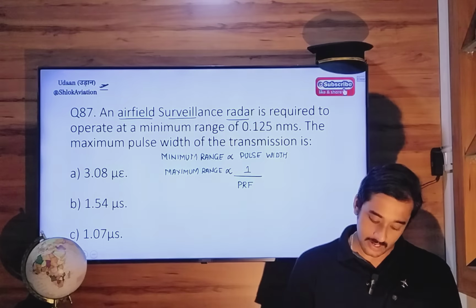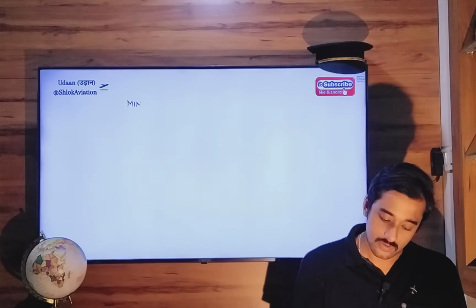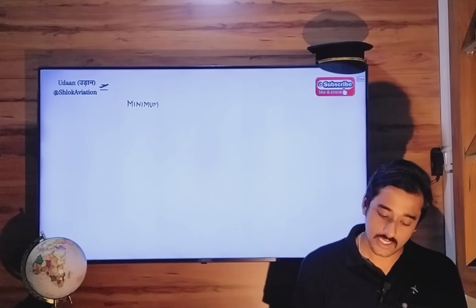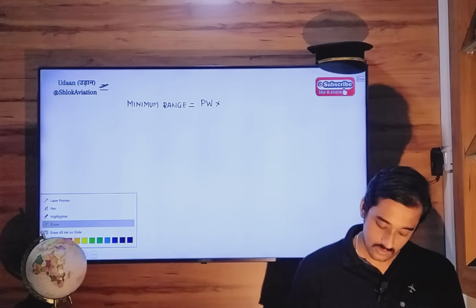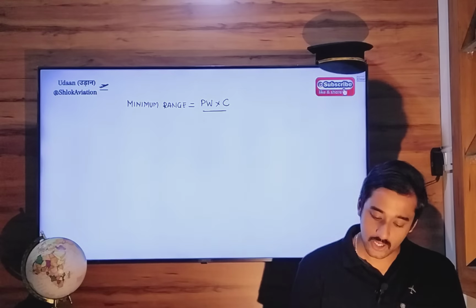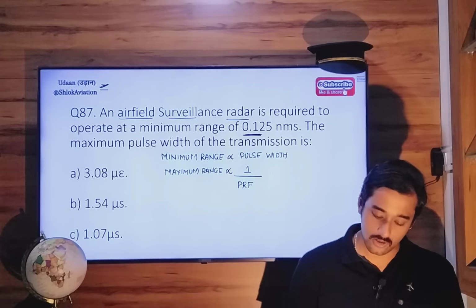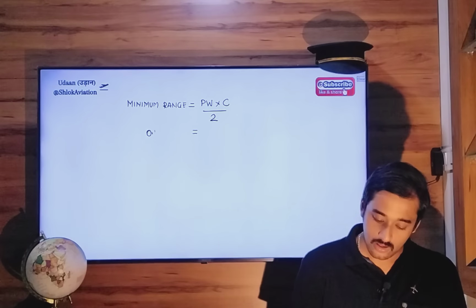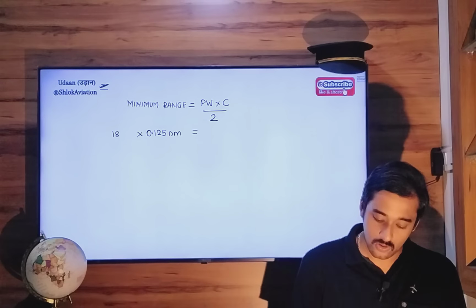So now here we have to find out the minimum range. The minimum range formula is pulse width multiplied by speed of light divided by 2. Here the minimum range is given as 0.125 nautical mile. Convert that into meters, so 1852 meters.